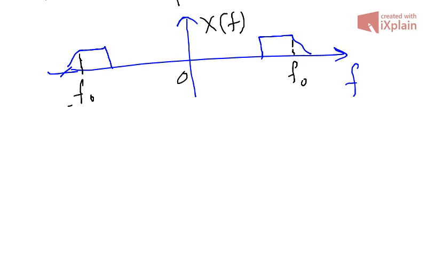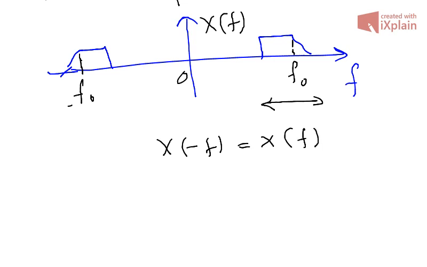A band pass signal is also real. If you observe this property, it possesses x of minus f is the same as x of f.